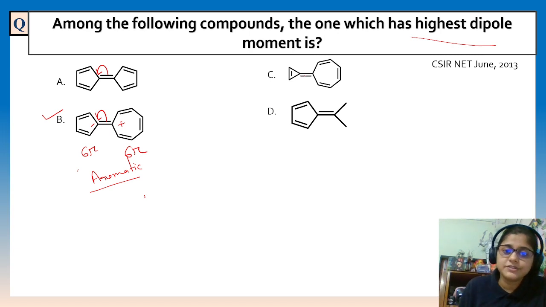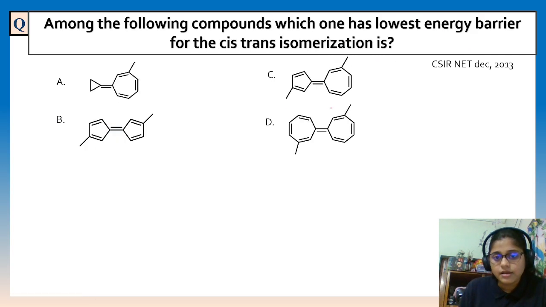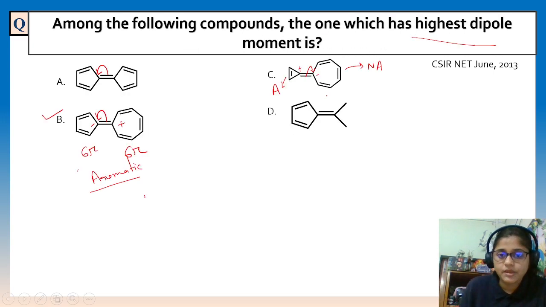Okay. Next, see, if I break it this way, this will be positive, this will be negative. This negative will be non-aromatic. It will be aromatic, but as both the parts are not aromatic, the system will not be stable. Here the part is okay.